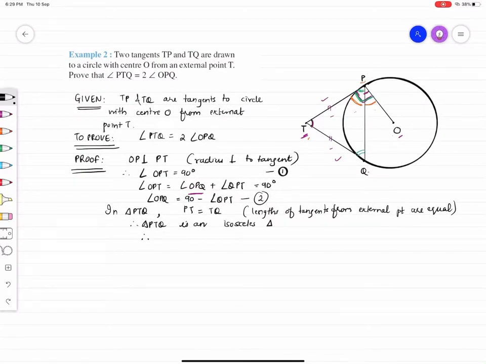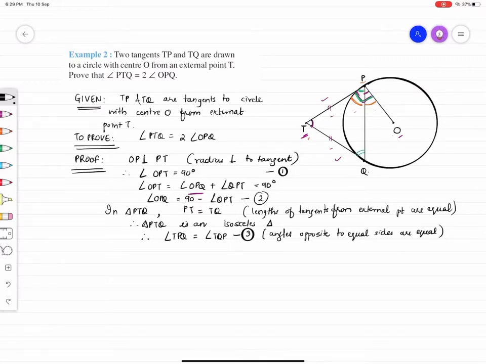Therefore, angle TPQ is equal to angle TQP, right? Angles opposite to equal sides are equal. So we can label this as 3.